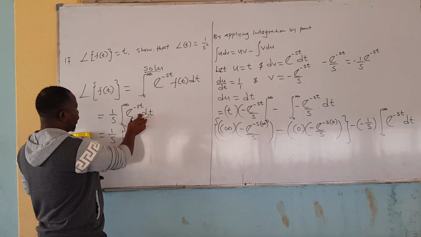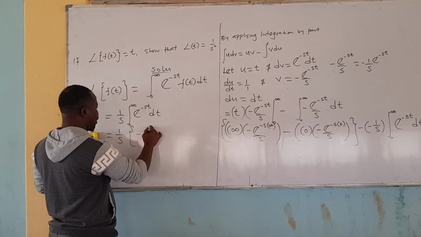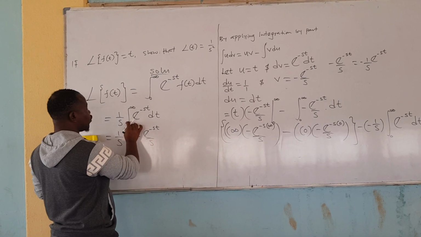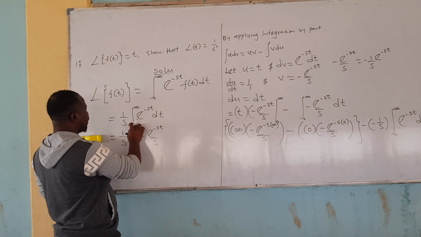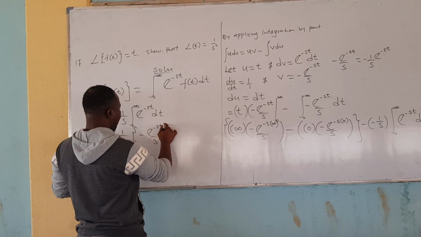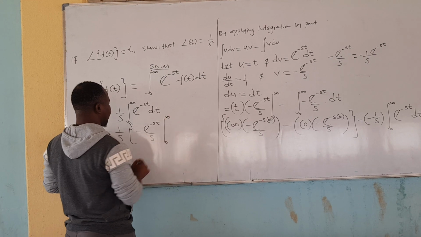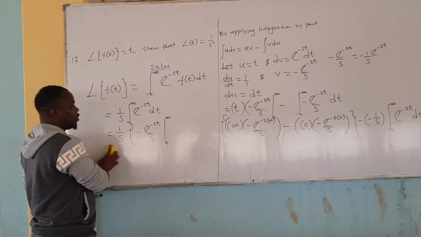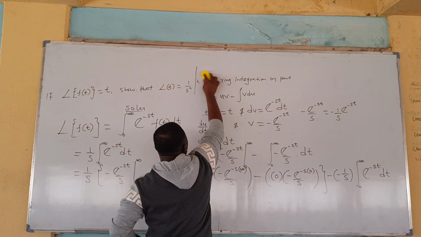Then if we integrate this function, we are going to have minus exponential minus st all over s, since we have the integral running from 0 to infinity. Don't forget, we must write it this way, 0 to infinity.